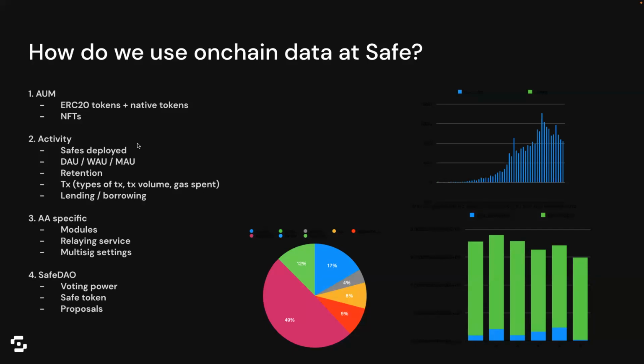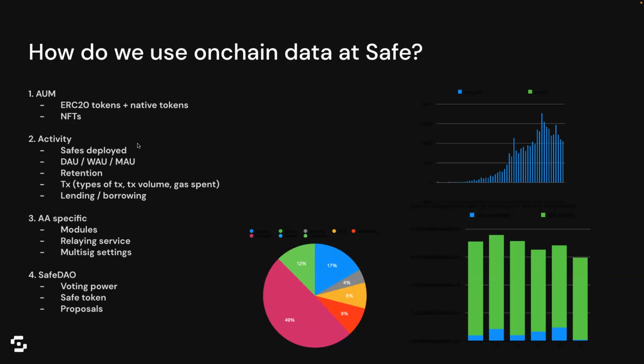Lastly, SAFE also has a DAO, and we are contributors to the DAO. We have a community where people can propose and vote on different elements of how SAFE can develop in the future, which products, how the ecosystem is growing, and the initiatives for this.